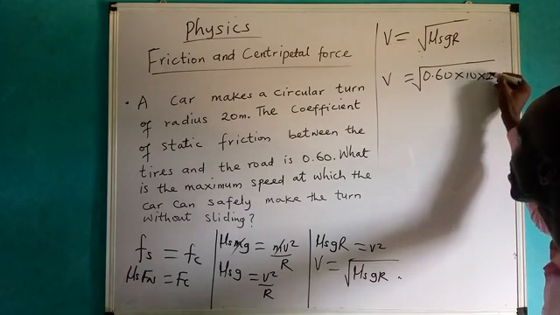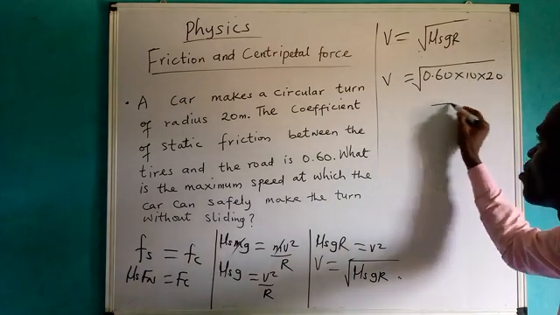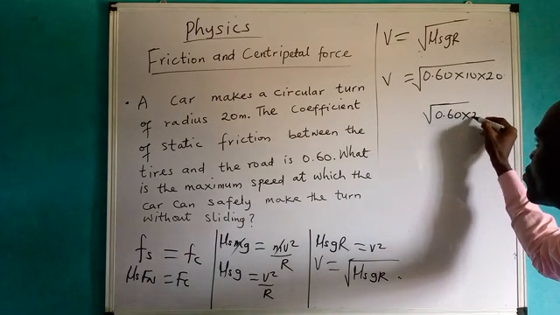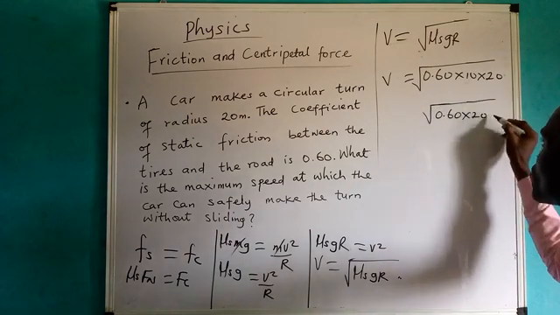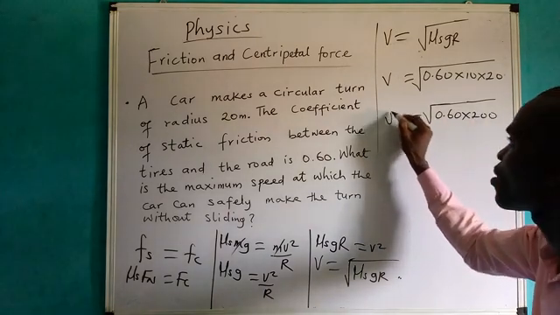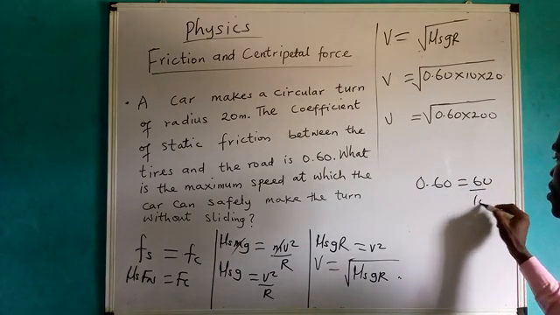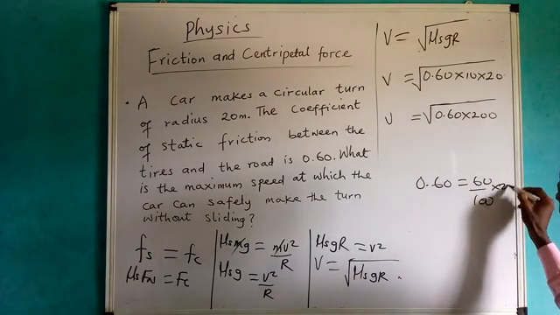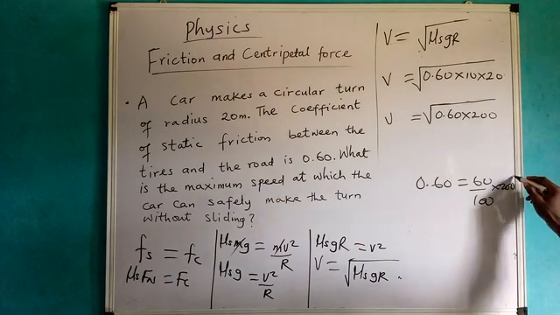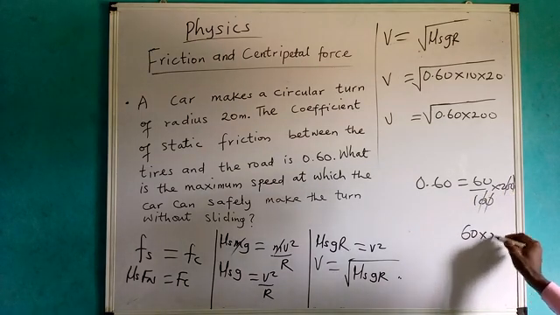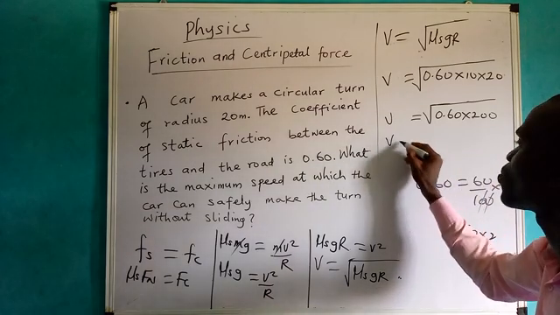Multiplying g and r gives 200, so we have 0.60 times 200. 0.60 is the same as 60 over 100, and multiplying by 200, the zeros cancel, leaving 60 times 2, which is 120.